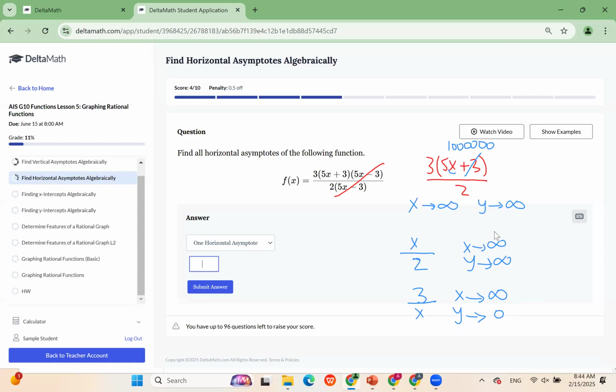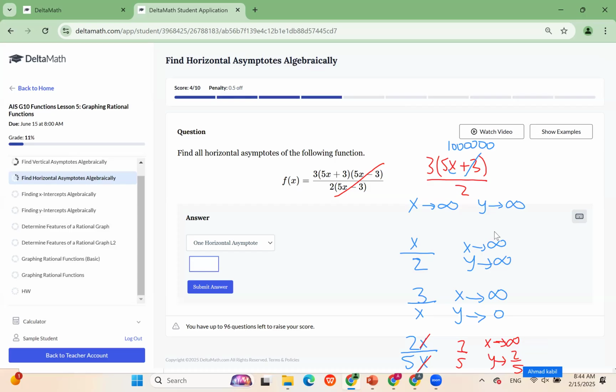If we have an expression like 2x over 5x, we just cancel out the x's, and we get 2 over 5. So as x approaches infinity, y approaches 2 over 5.